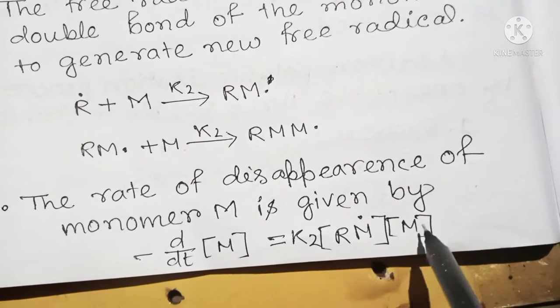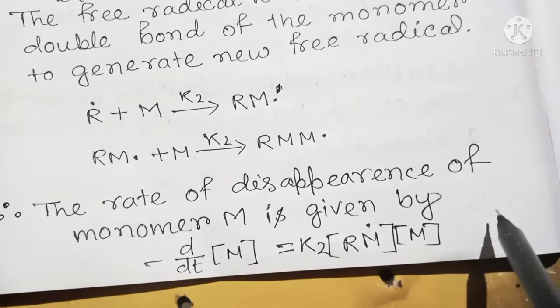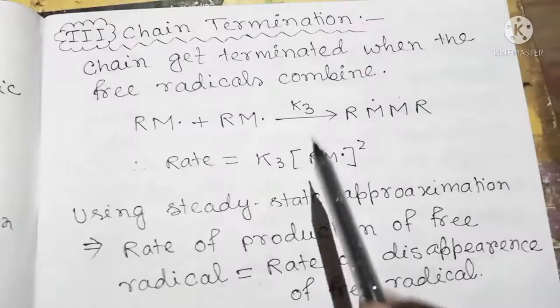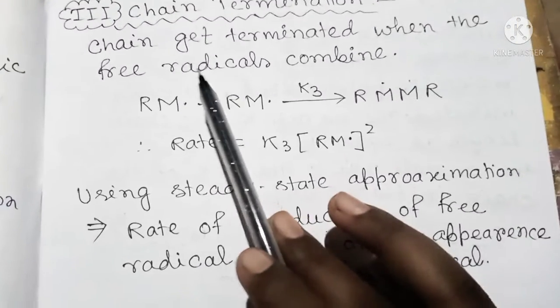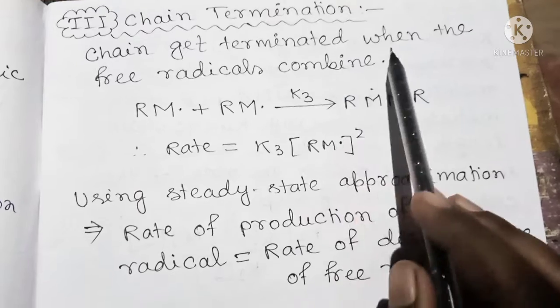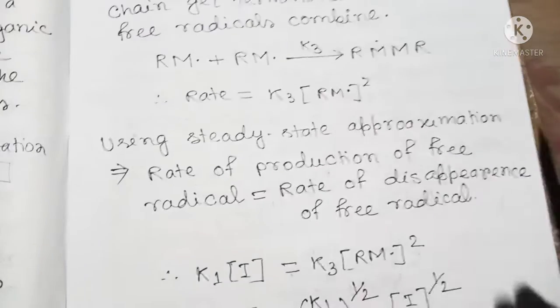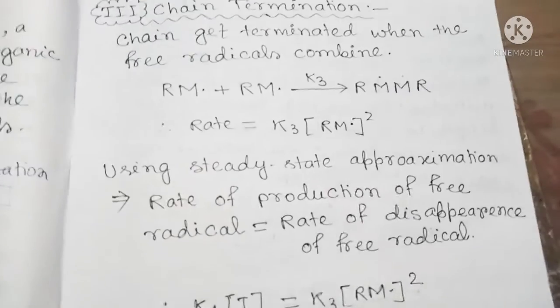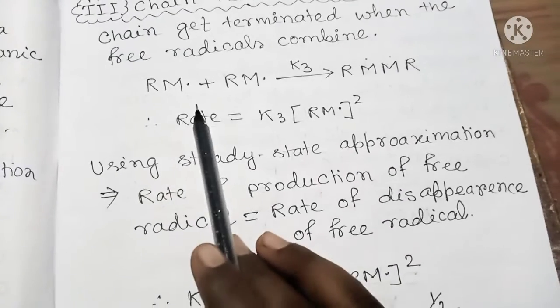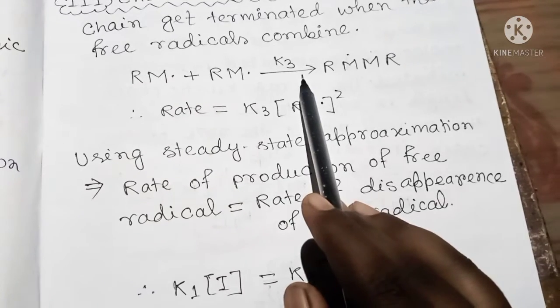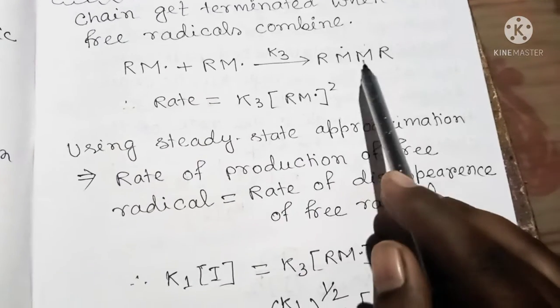Next process is chain termination. Chain gets terminated when the free radicals combine. Here we take RM dot plus RM dot, in the presence of K3, giving the dead polymer, so that the rate equals K3 into [RM dot] squared.